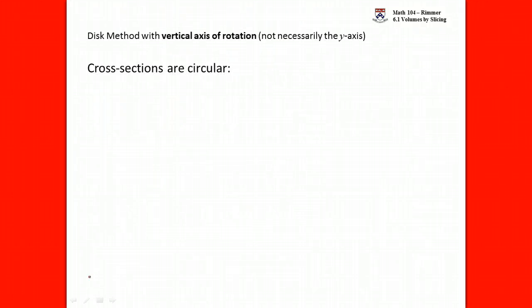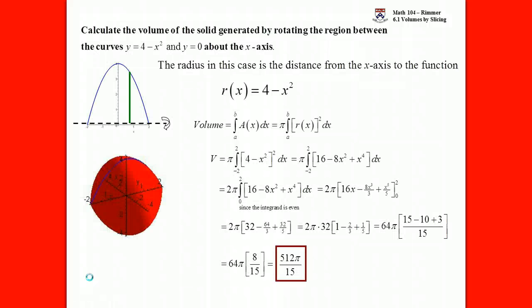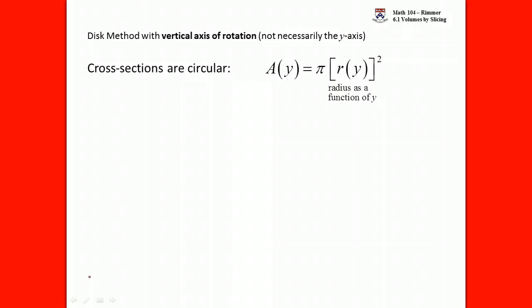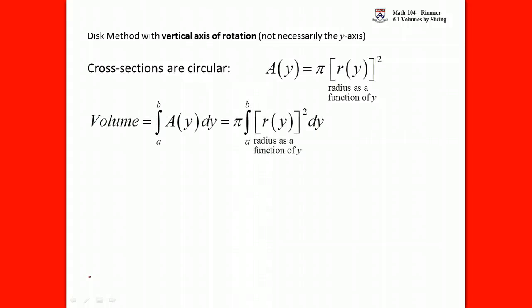It could be that you're rotating about an axis that is vertical. What happens then is that you're just changing the variable. Instead of being in terms of x, you're going to flip it. It's going to be in terms of y. Your function is going to be some formula based on y. Same setup, same formula, just different variable, that's all.